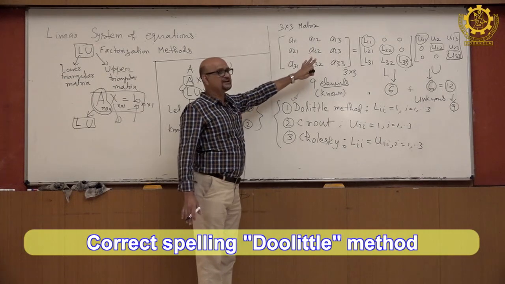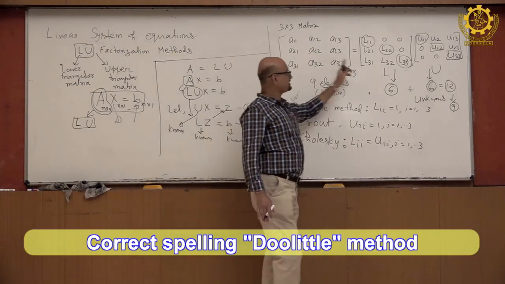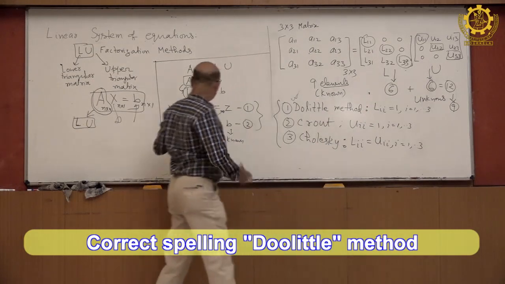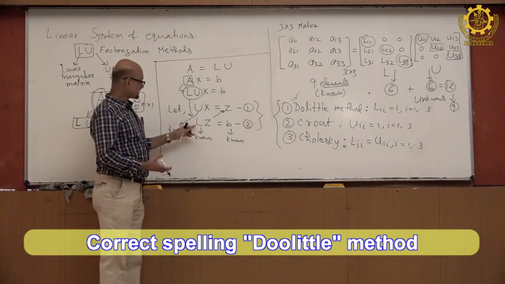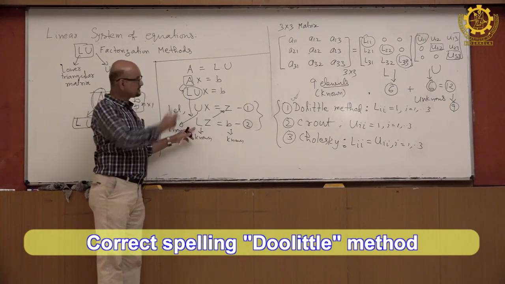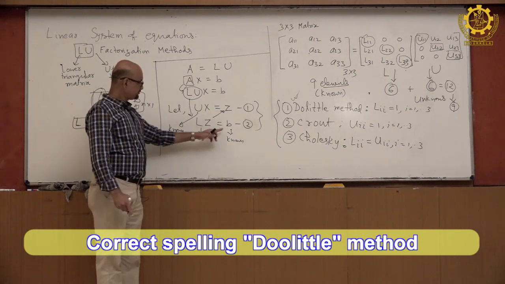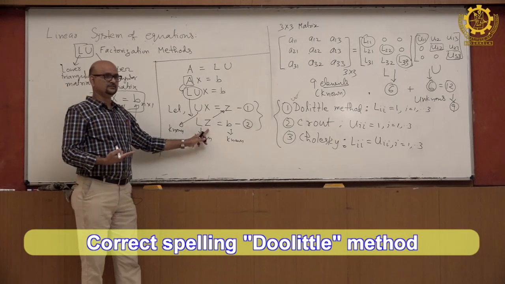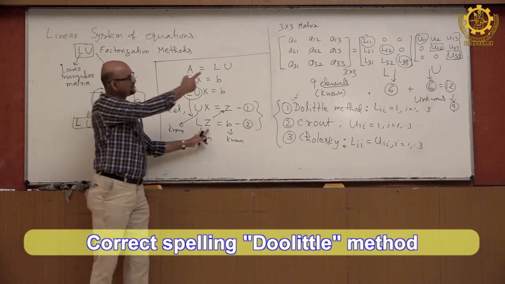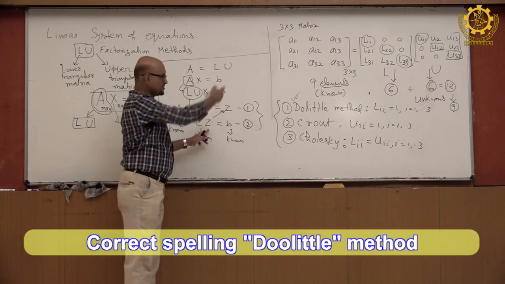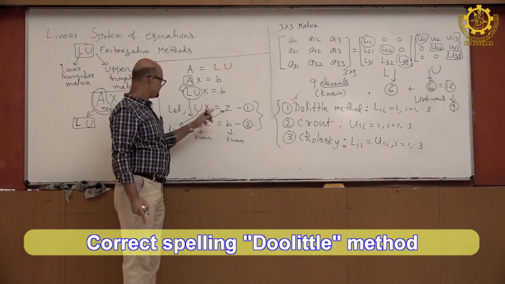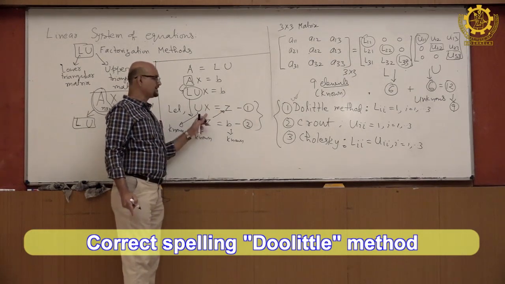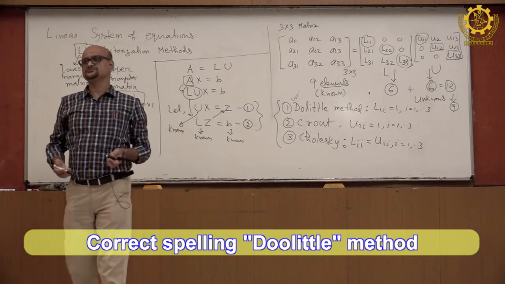So that is the main difficulty, to factorize A to L into U, and then it is very easy. First Lz is B, L is known from that factorization, B is known from given system Ax equal to B, so you can find Z directly with only the forward substitution. Now Z you substitute here, U you know, Ux equal to Z, X you can find directly by back substitution.